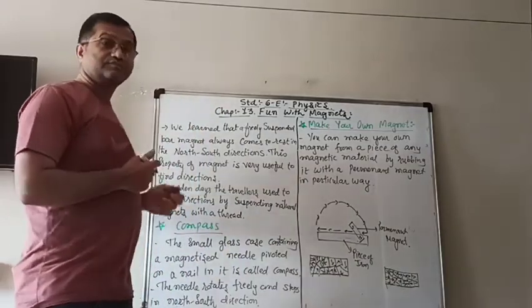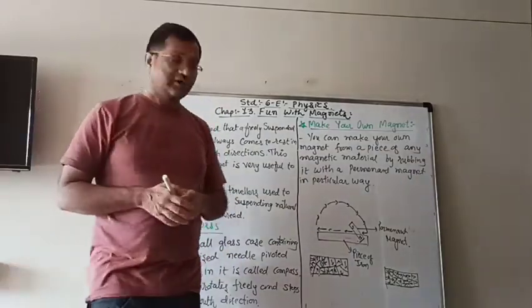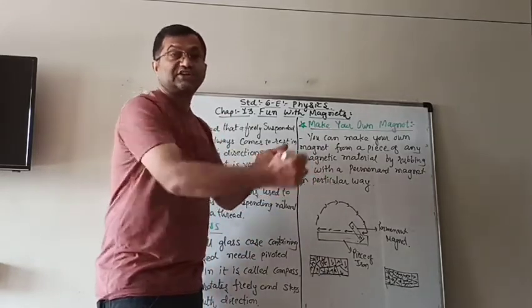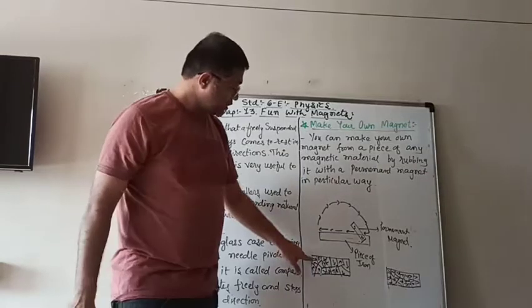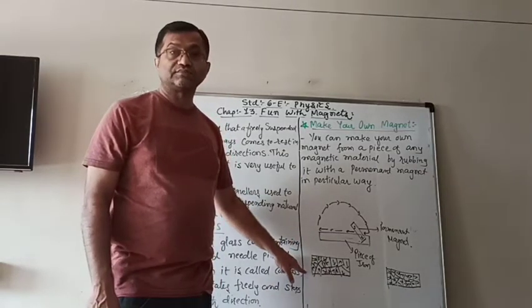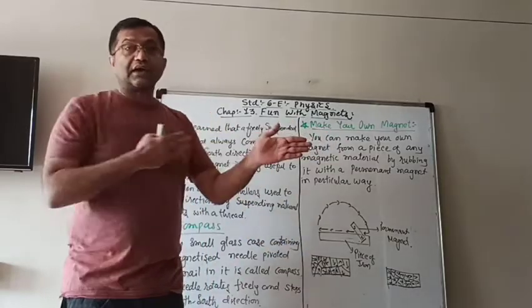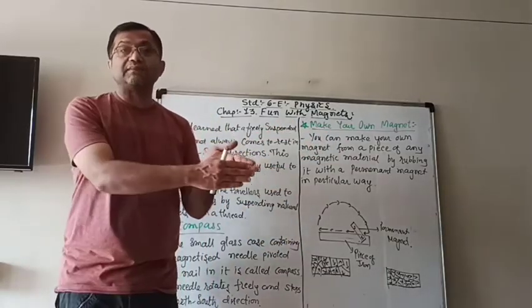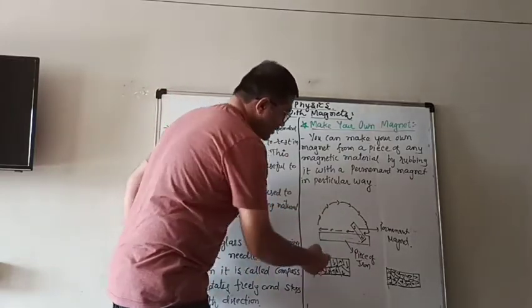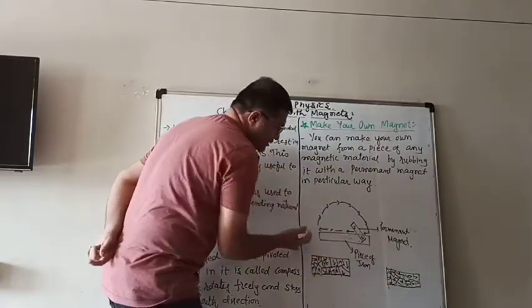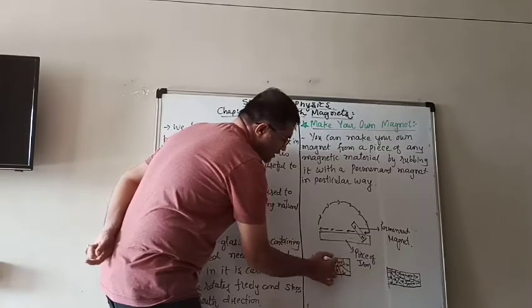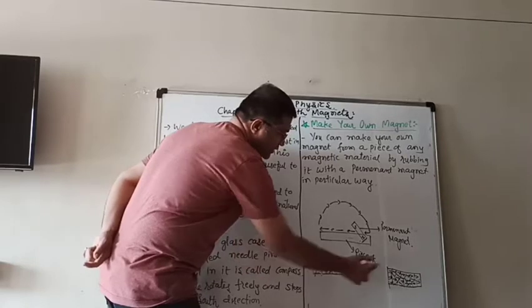So now, when we rub it in the special direction, as I told you, what will happen? All these tiny magnets will be arranged in the same direction. So when we rub it like that, we move in this direction, and all those magnets will be converted into the same direction, like that.